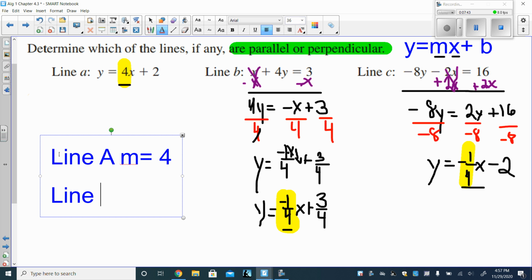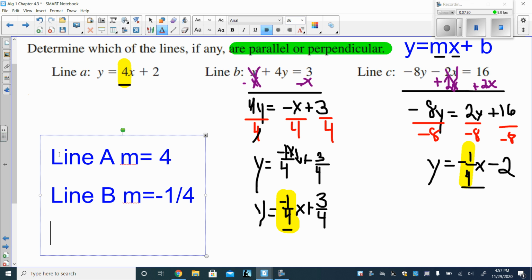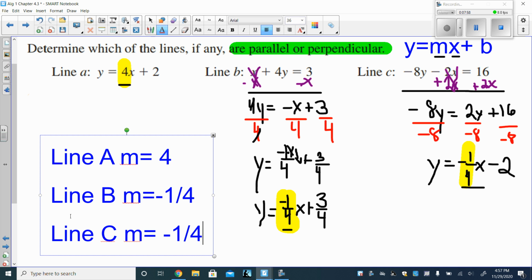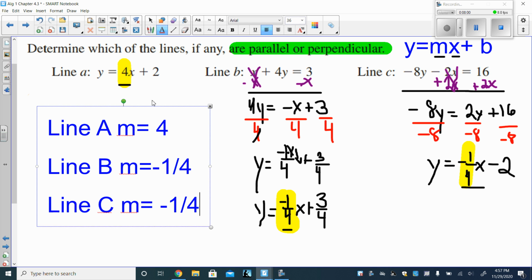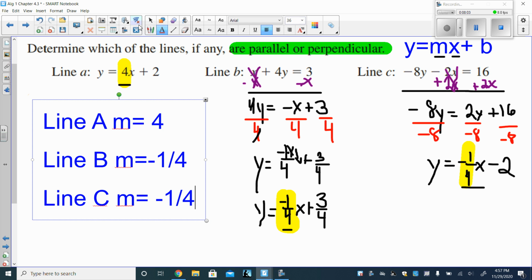Line B, slope is negative 1/4. And line C's slope is negative 1/4 also. So we have these three slopes here. And that's what we found.